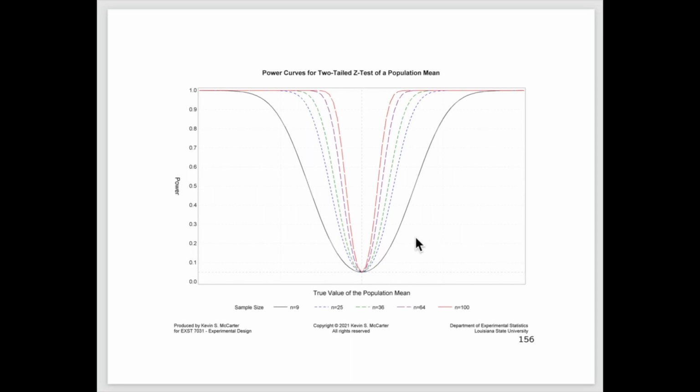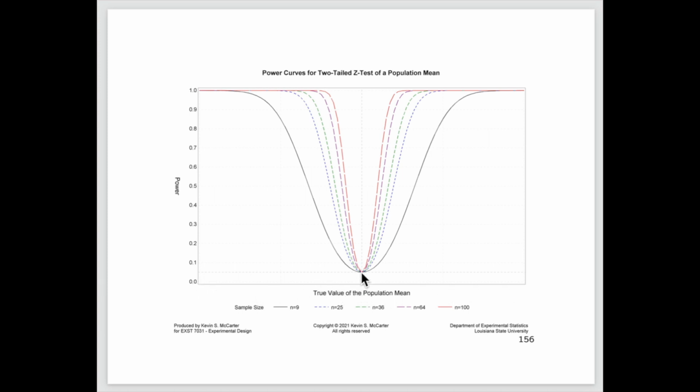And we have 5 curves corresponding to the 5 sample sizes that we're considering: N equal to 9, N equal to 25, N equal to 36, N equal to 64, and N equal to 100.